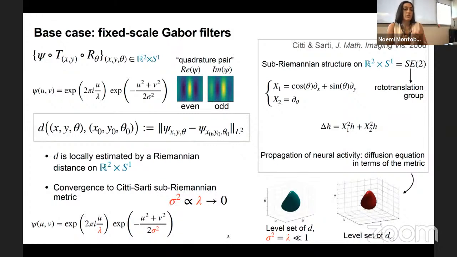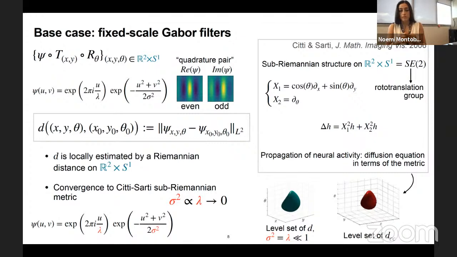So we are actually reobtaining a differential structure, and what's more, this Riemannian distance degenerates to the sub-Riemannian structure defined by Citti and Sarti as the scale of the filters goes to 0 and their frequency goes to infinity. In other terms, when the tuning of the filters to position and orientation becomes infinitely sharp.